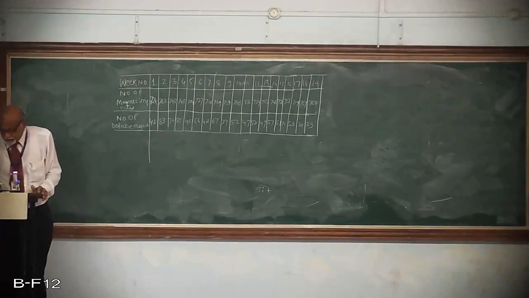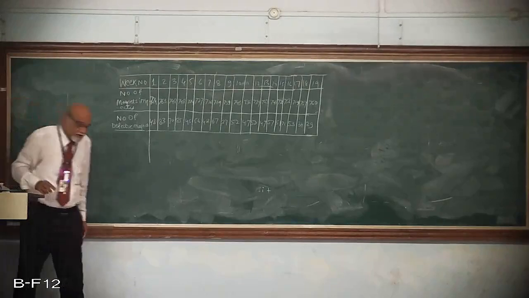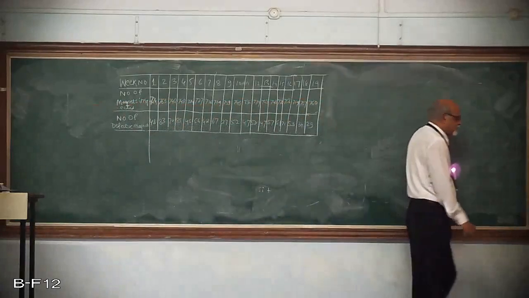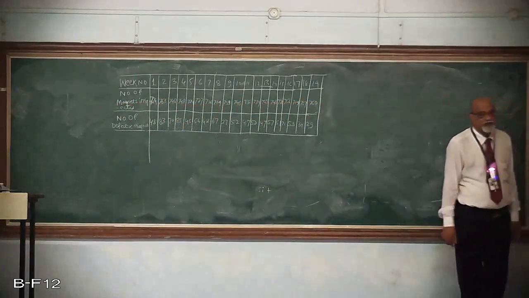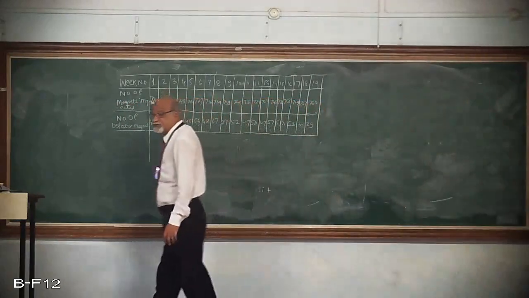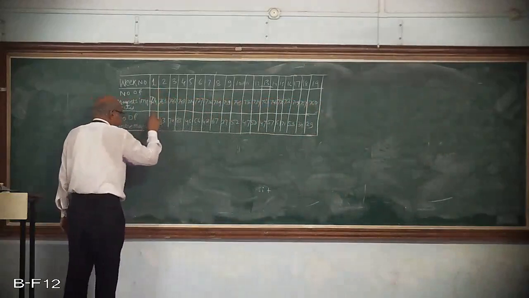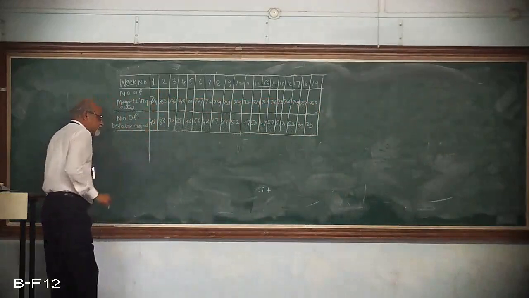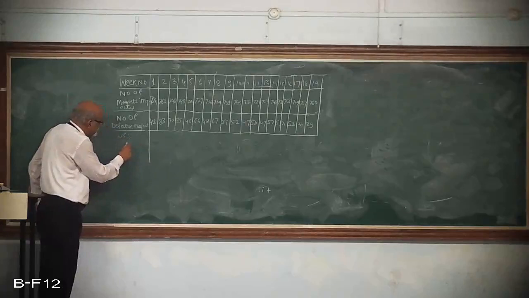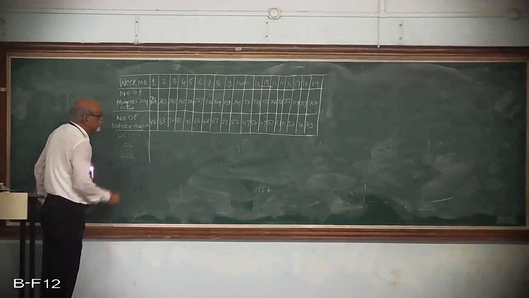Again, in addition to that, we need to find out the upper control limit and the lower control limit for each of these observations. Try to understand. For each of these observations, what should I find out? Upper control limit, central line, and lower control limit.